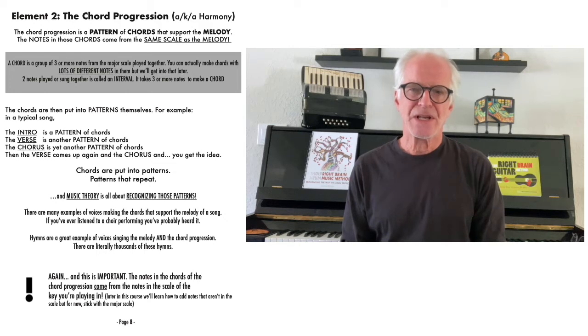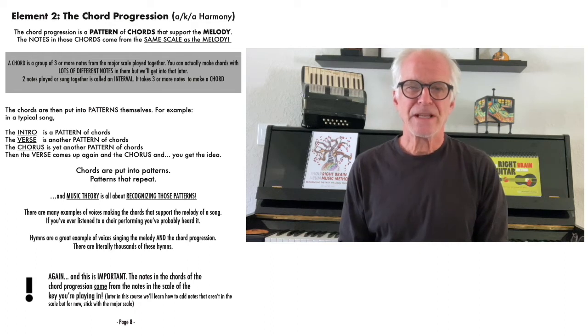So again, and this is important, the notes in the chords of the chord progression come from the notes in the scale of the key you're playing in. Later in this course, we'll learn how to add notes that aren't in the scale, but for now, let's stick with the major scale.